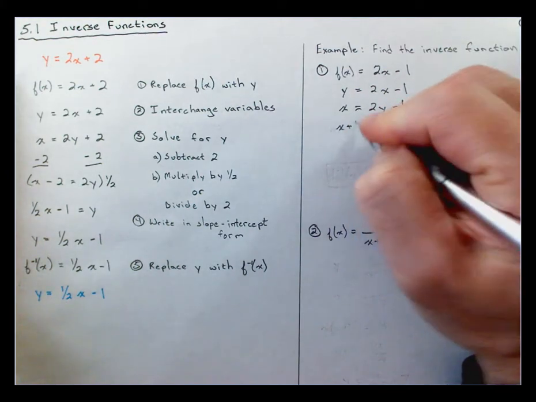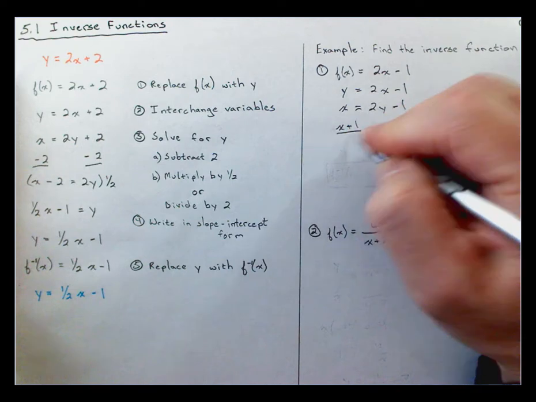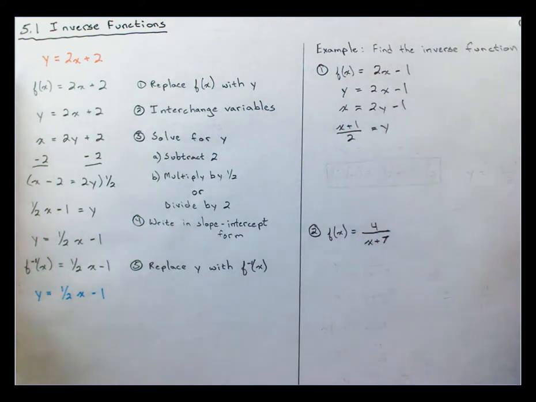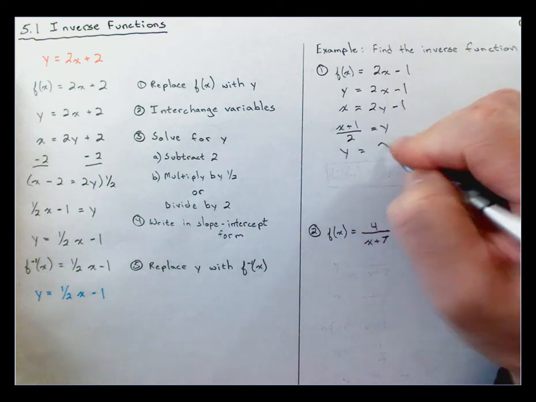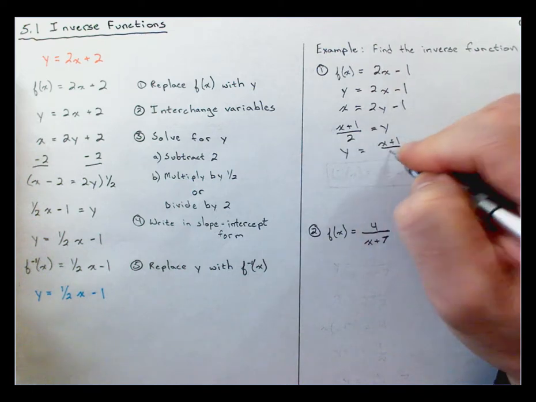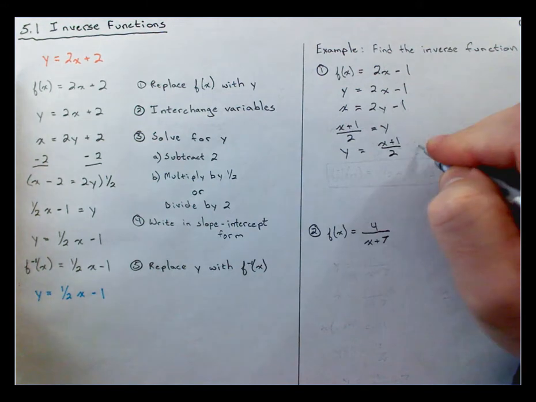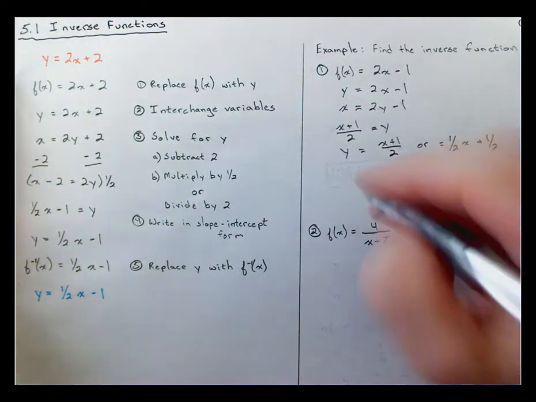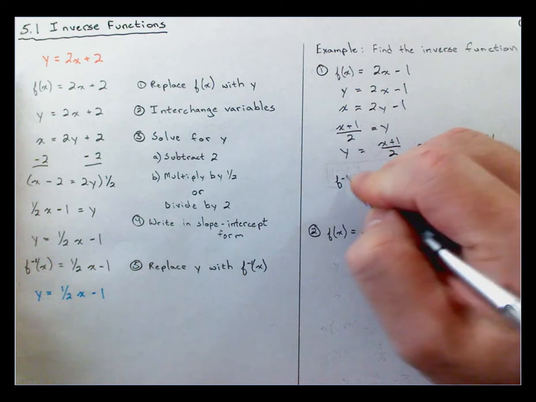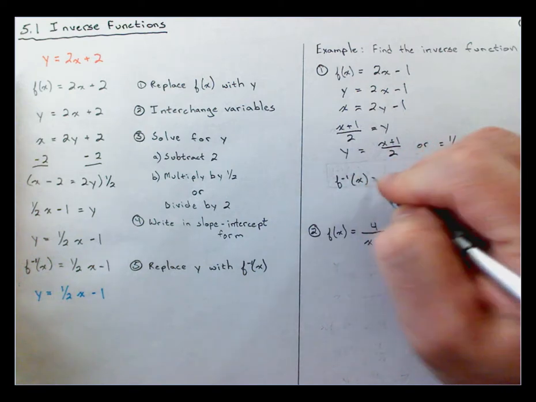X plus 1 divided by 2 equals y. And there's my equation. Y equals x plus 1 divided by 2. Or I can write it like this, 1/2 x plus 1/2. Either way. And then we'll write it using our inverse equation formula.